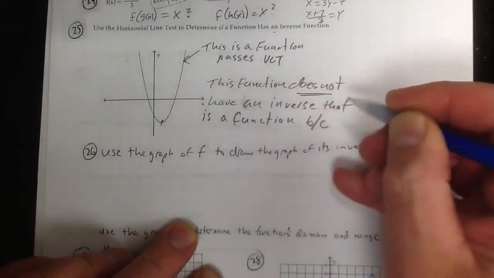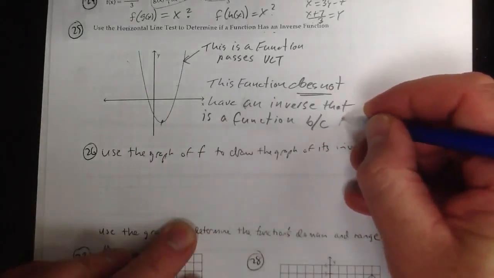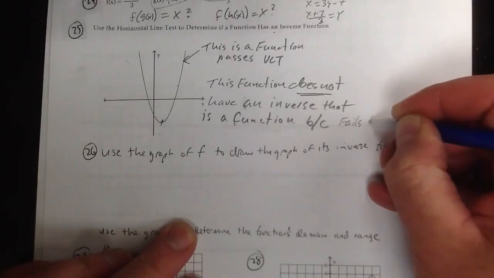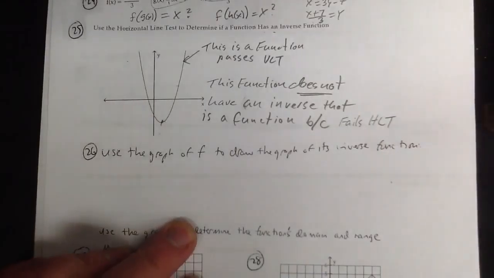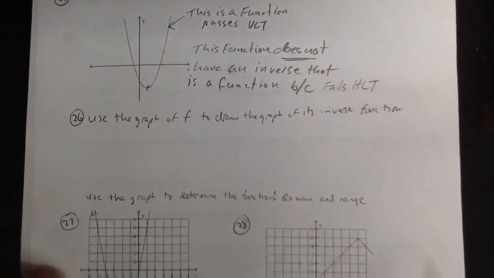Why? Because this function fails the horizontal line test. Okay? All right, so I hope that makes things a little bit clearer.